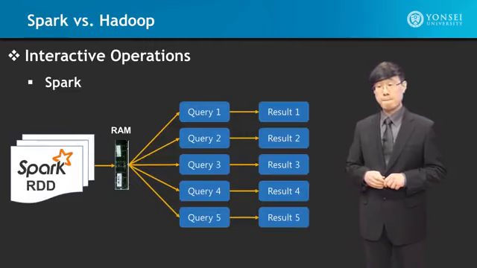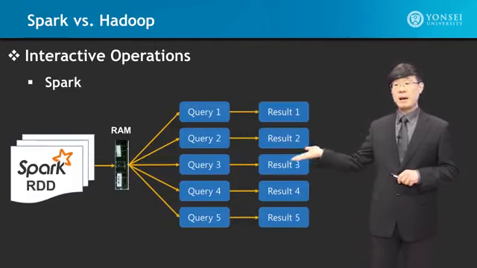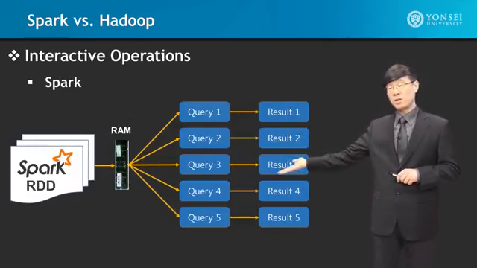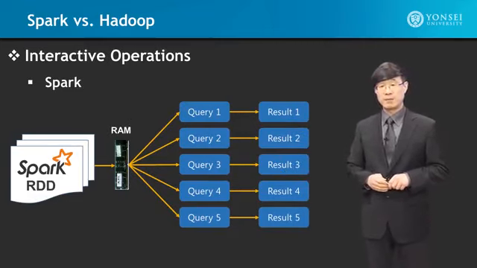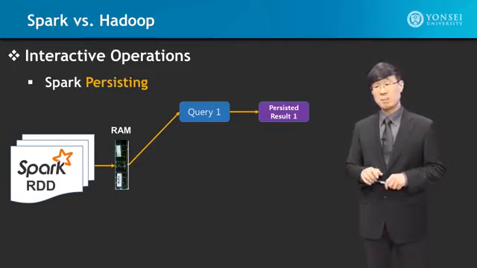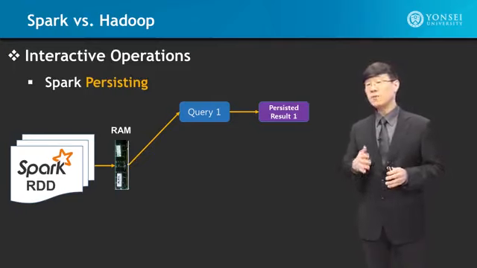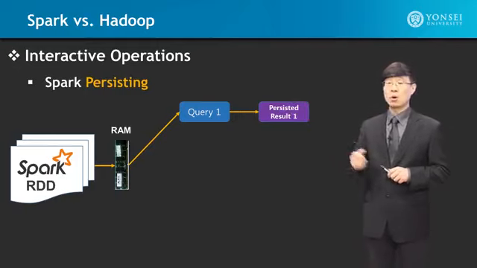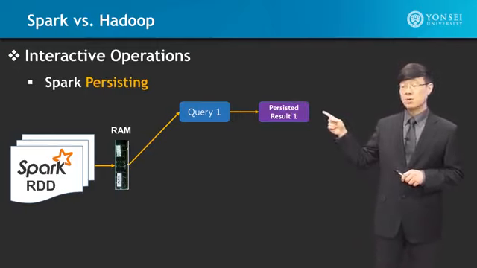For example, from the Spark RDD, I process it and I save it on the RAM, and then I can share it with these queries that I have. In addition, I can persist it. In other words, if an intermediate result is needed, I will go ahead and do query 1 and persist result 1.